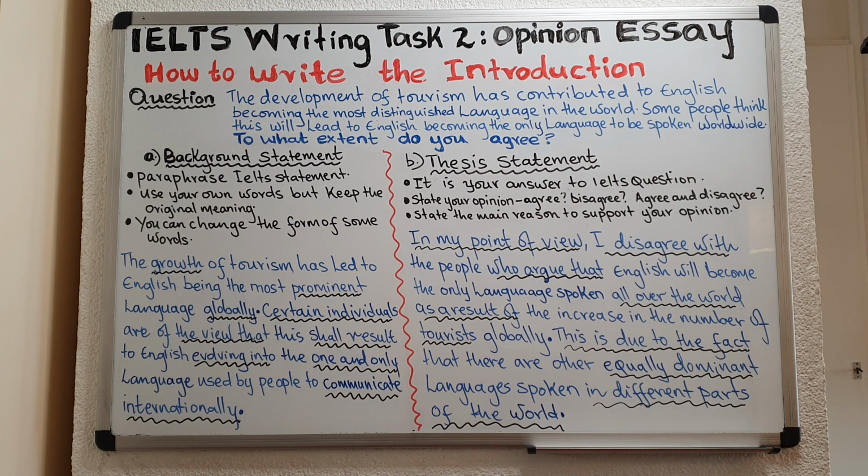So let's write the background statement together. All that we're going to do is find a synonym for the words in the IELTS statement. We are going to replace those words with synonyms. Let's begin.